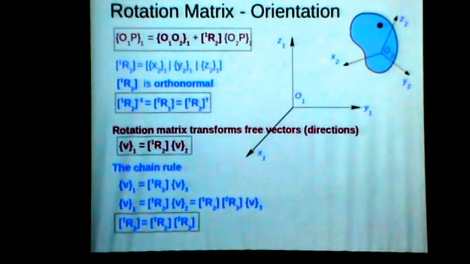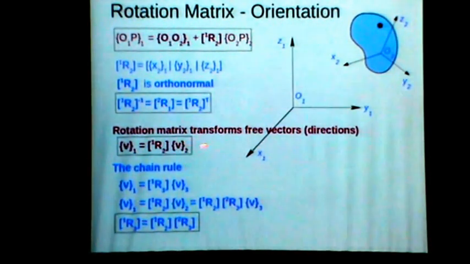This can be easily seen, because if you take a point P here and another point Q here, a vector from Q to P is nothing but the position vector of P minus the position vector of Q. In that subtraction, this quantity disappears, and you end up with just the rotation matrix. So this is what happens.